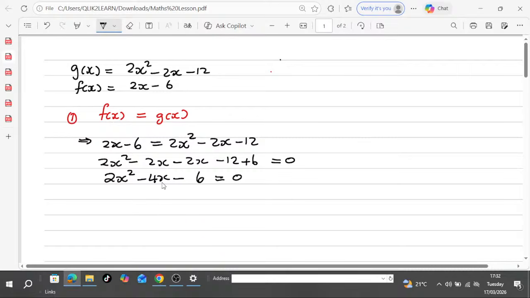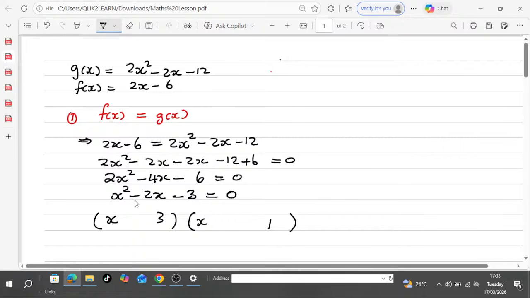Can you see that we can divide everything by 2? I think you agree with me that we can just divide everything by 2, and this will be x squared minus 2x minus 3, equal to 0. Let's factorize. This is x, then the factors of 3 are 3 and 1. Since it's negative, one should be positive and one should be negative.